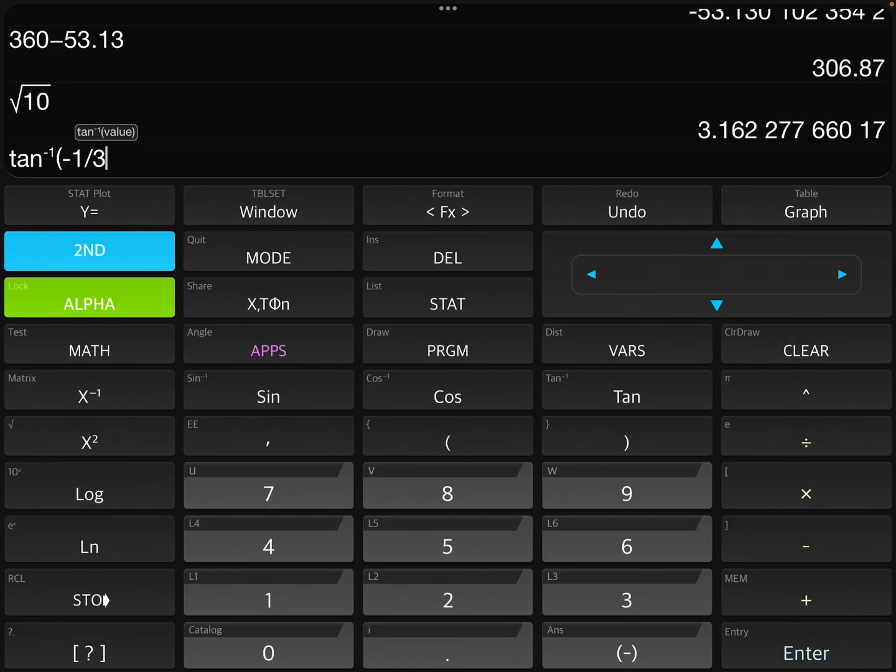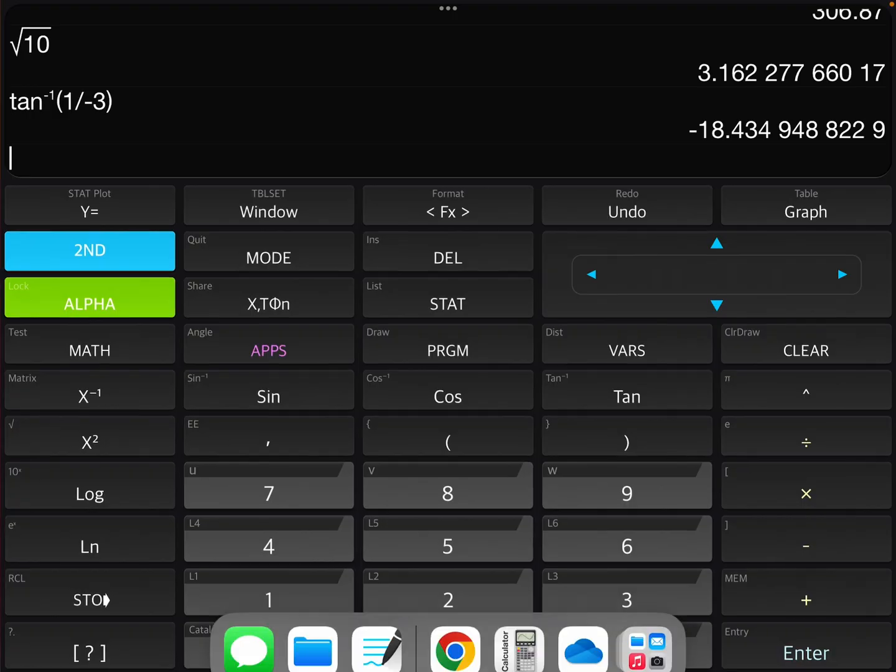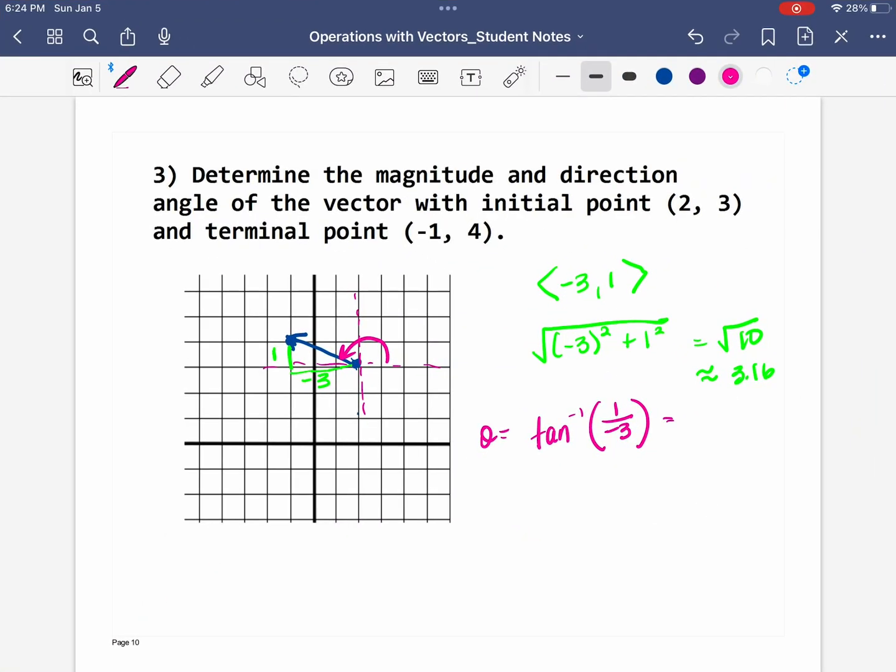I could have put the negative with the 3. I'll make this 1 over -3. It doesn't matter where we put the negative. So I get -18.43, which tells me that I have a reference angle of 18.43.